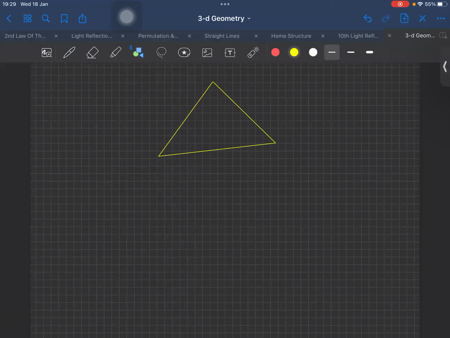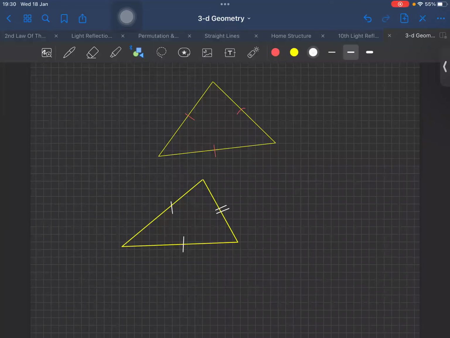Which triangle is this? Equilateral triangle, right? Now tell me, let's say I'm saying that 2 sides are equal. That means this and this side are equal, but this side is different. Then which type of triangle is this? Isosceles triangle, right?